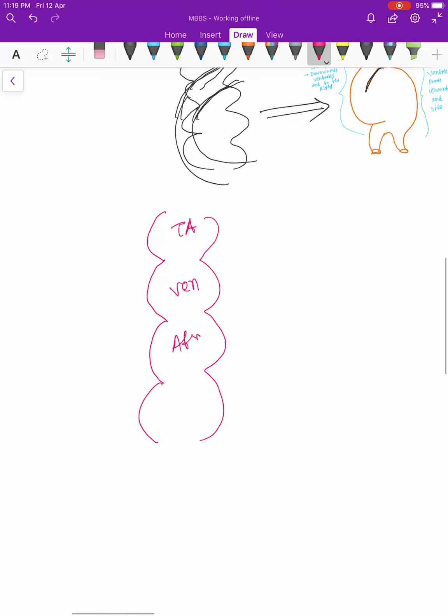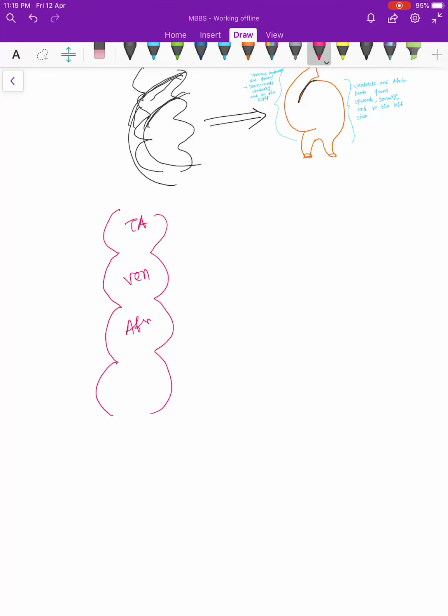If you rotate this, first it will go downwards, ventrally and to the right side, like this, not like this.